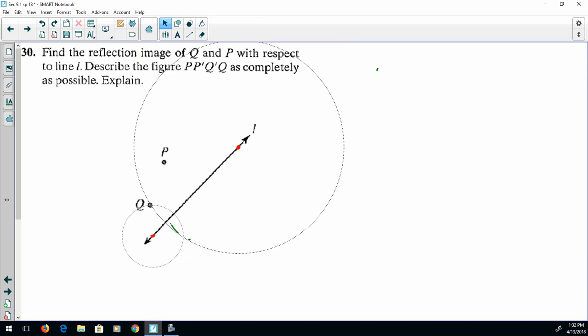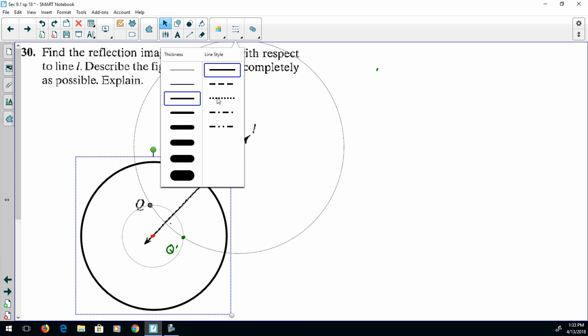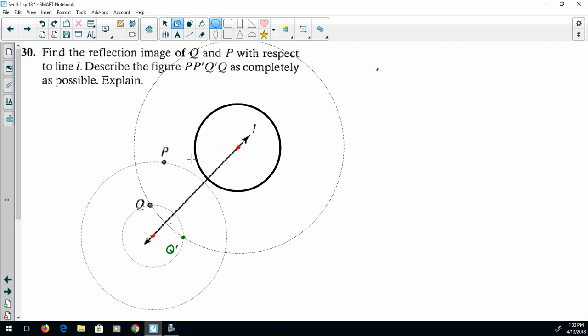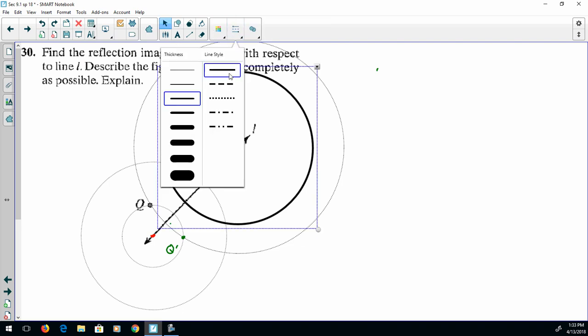Okay. Do the same thing for P. Take the circle centered at the left-hand point that passes through P. And let's make it thin so that it doesn't get in the way. Now take the circle that's centered at the right-hand point that passes through P. Now, where those two circles intersect is the reflection point for P. P prime.